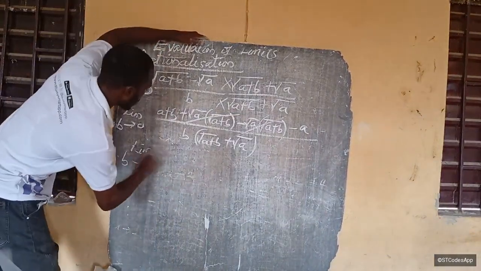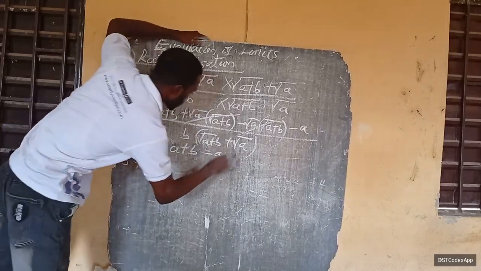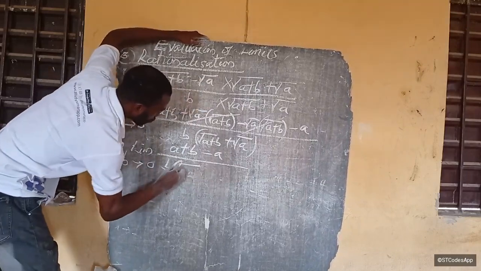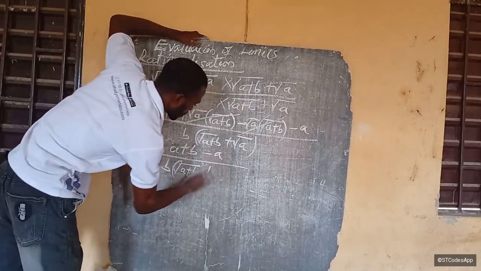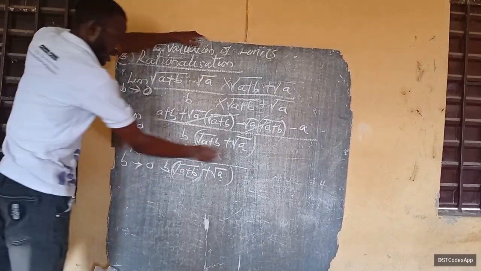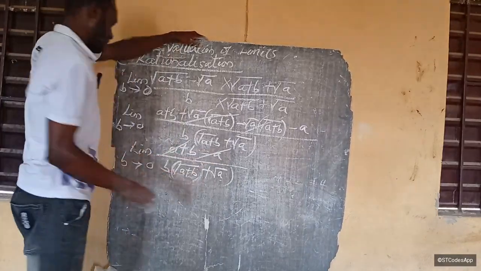So invariably we have a plus b minus a all over b into bracket root a plus b plus root a. Okay, so in this case also a will subtract a, and then we have b over this.